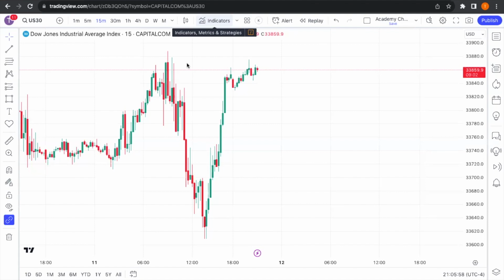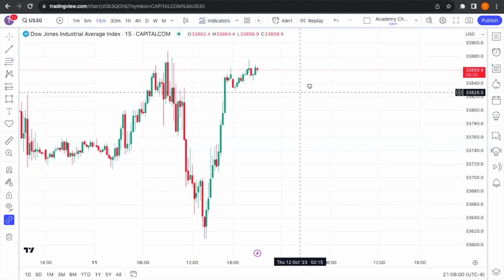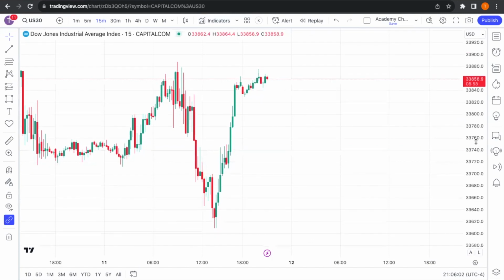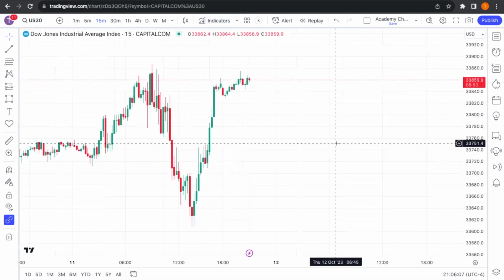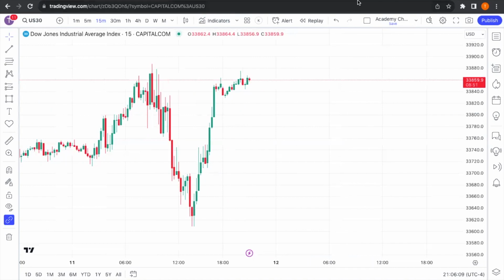Let's see. So breakers. Let's cover breakers. It really works out because the system that I teach in the free academy has 3 steps.